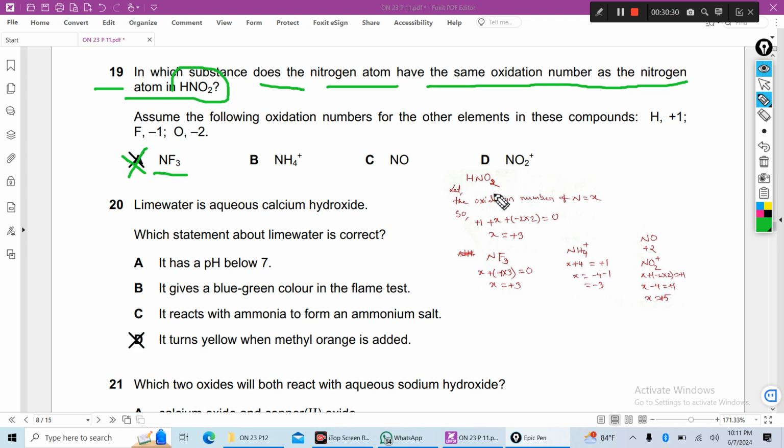So in nitrous acid, HNO2, the oxidation number of nitrogen is X. Hydrogen is plus 1, plus X, oxygen minus 2 times 2, equals 0 because there is no charge here. If you calculate, you will get the oxidation number of nitrogen is plus 3.